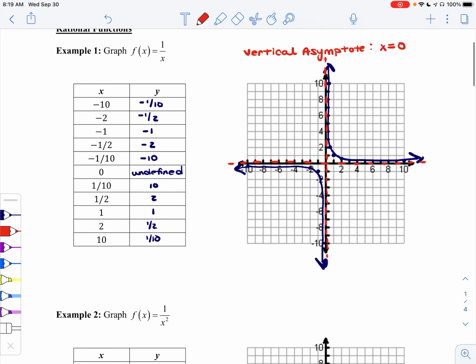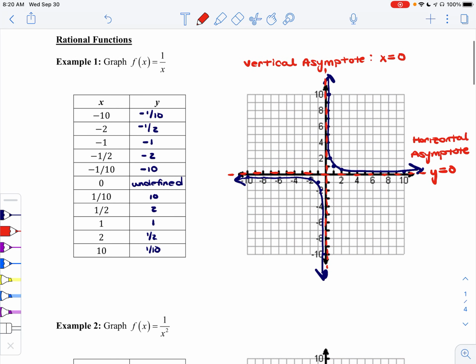And then the horizontal line is what we call our horizontal asymptote. Since that's on the x-axis, this is at y equals 0. So this is the defining characteristic of rational functions, that they typically have these asymptotes, vertical and horizontal, that break them into different pieces.